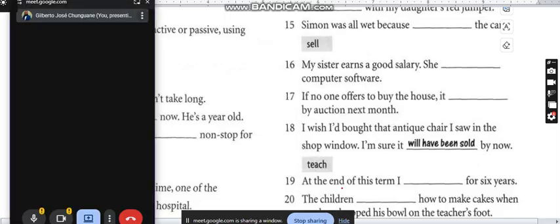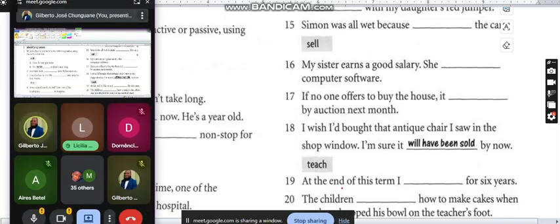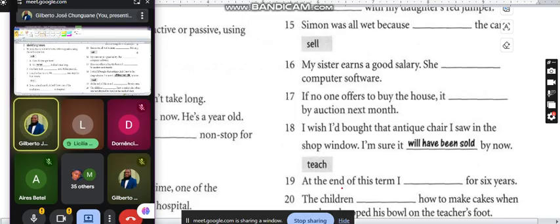Okay, so according to Lycidia, the correct answer here should be the use of present continuous tense, and the answer should be the baby. Is that the same answer for all of you, or is there anyone who has a different answer from that given?